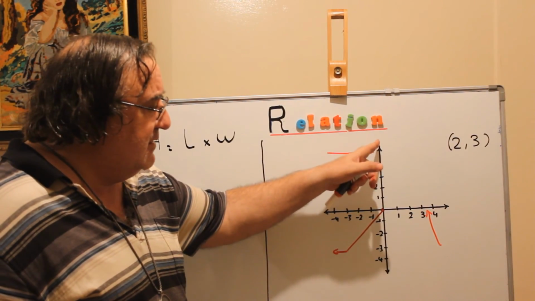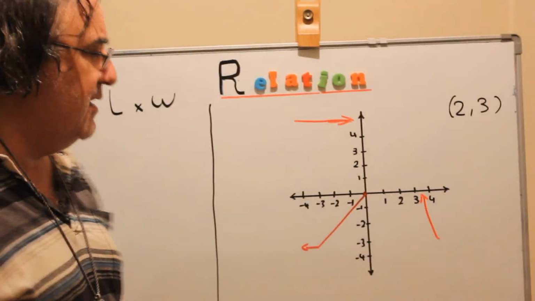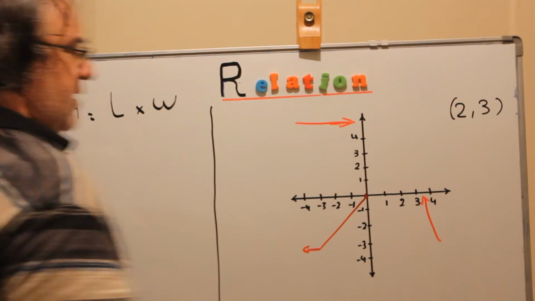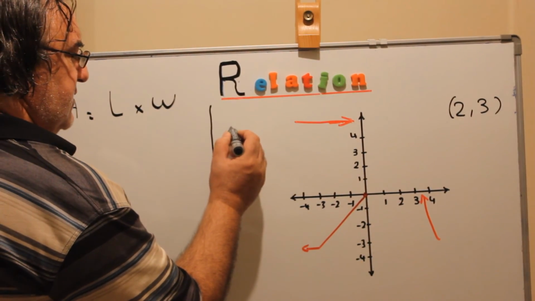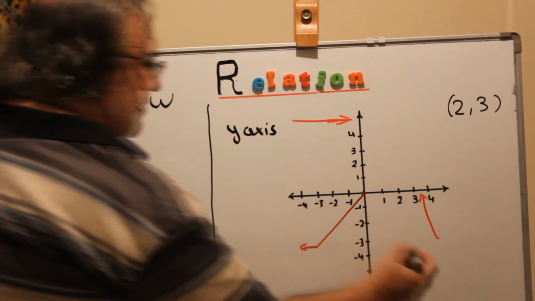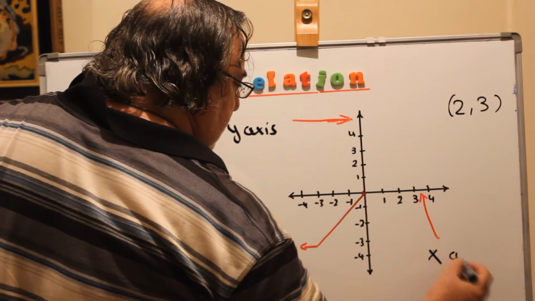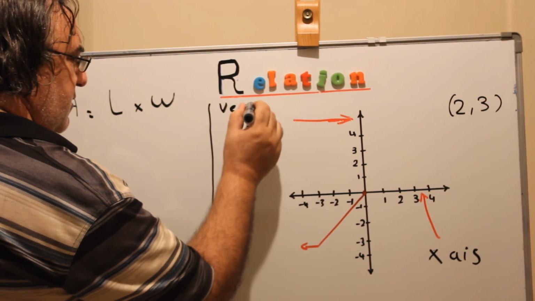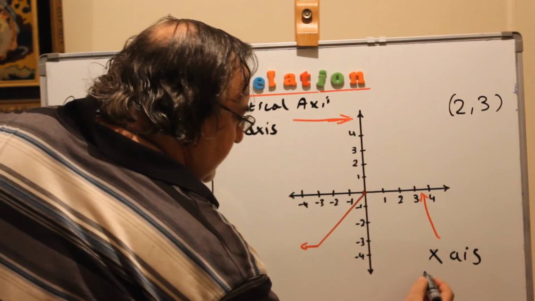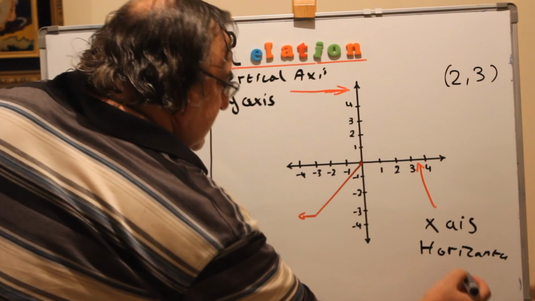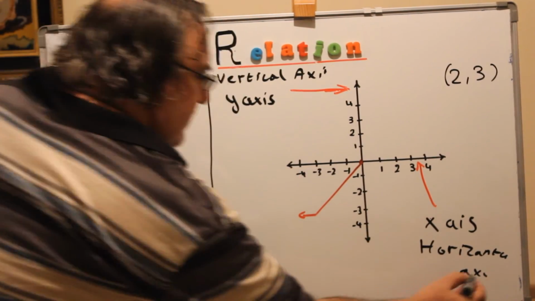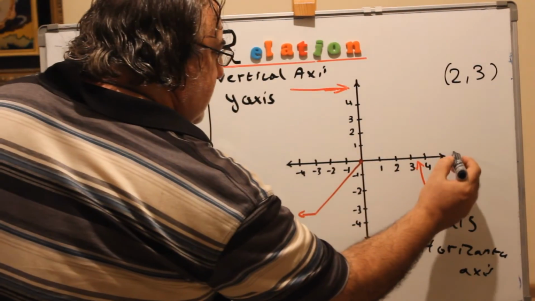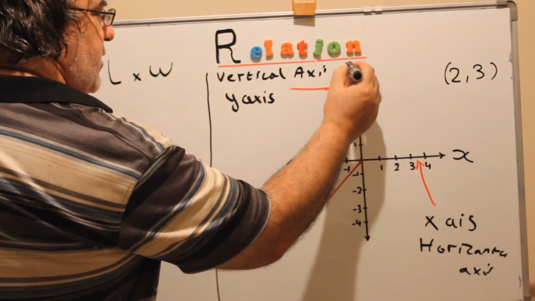So you have to make something like this. This we call the y-axis, and this we call the x-axis, or the vertical and horizontal axis. So horizontal means this is x and this is y.